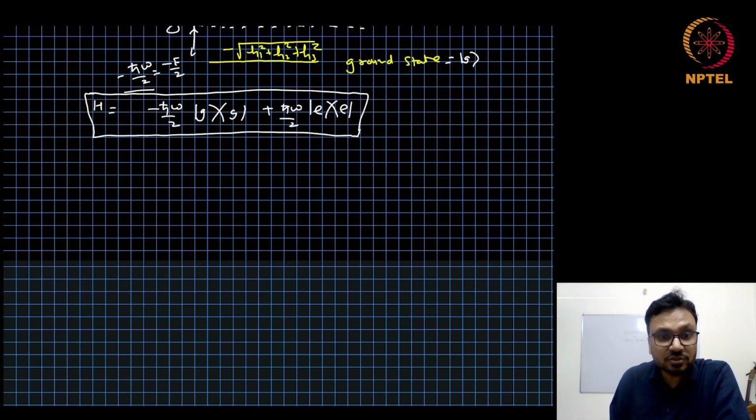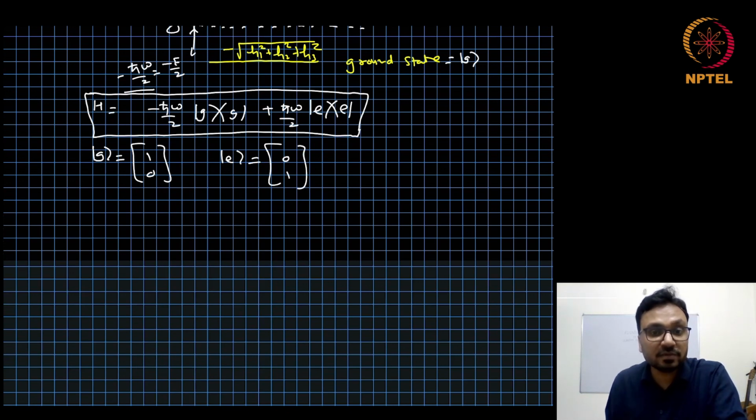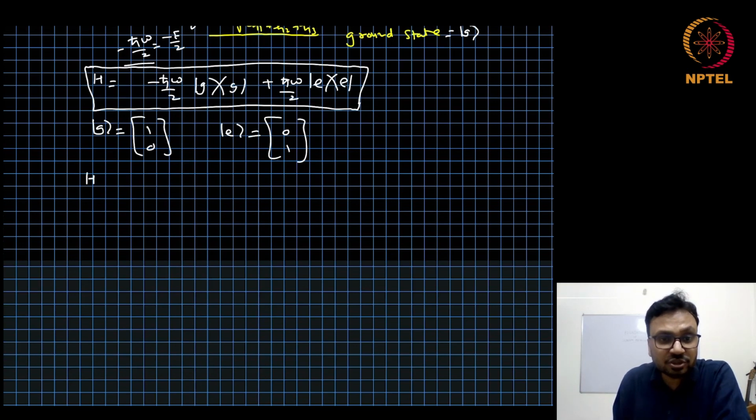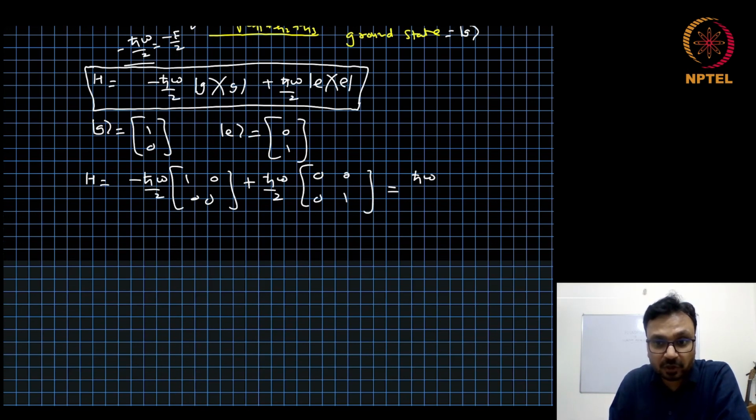Now if we choose g to be (1, 0) and e to be (0, 1), that is the eigenvectors of sigma z, then our H becomes minus h bar omega over 2 times the matrix 1, 0, 0, 0 plus h bar omega over 2 times the matrix 0, 0, 0, 1, which comes out to be h bar omega over 2 sigma z.